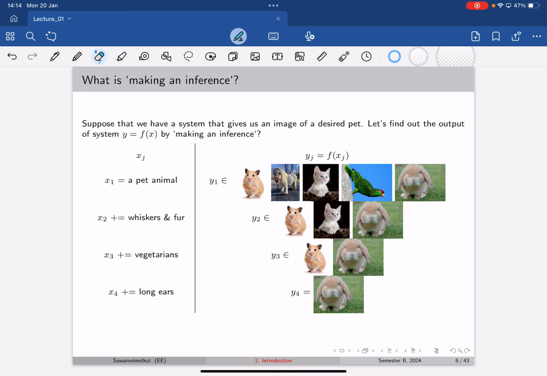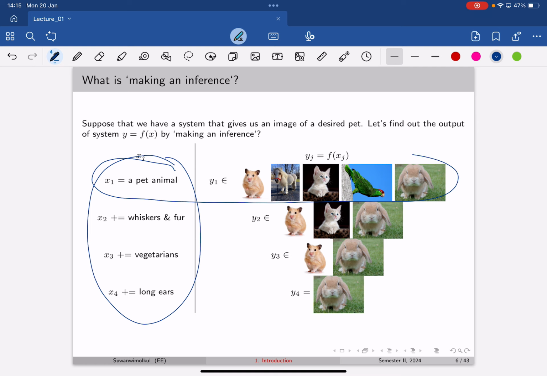In a generative model, especially text to image generation, your output space for your image can be anything. Let's say someone may not be as humble as my example. In this example, what I was trying to say is, please generate, or maybe give me an output of a pet animal. For my first statement, it could give me various results, and they are correct because they are pets.